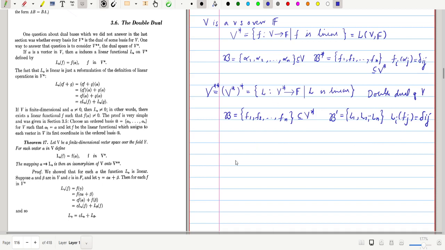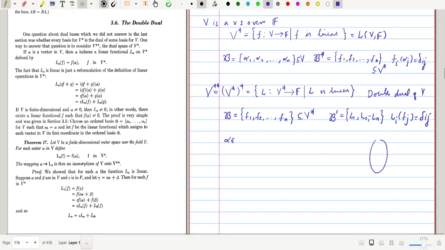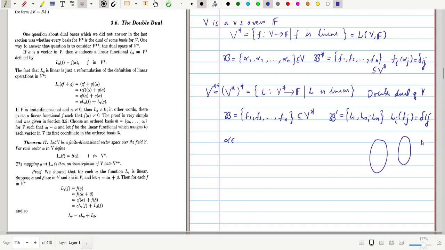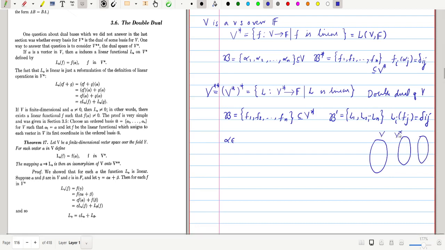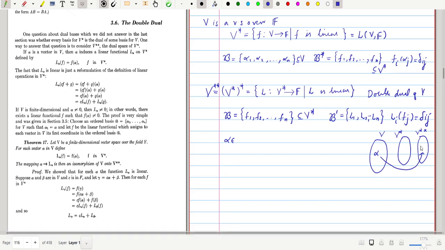Now we define a linear map. From now onwards, this is our V, this is our V star, and this is our V double star. If we choose an element alpha in V, we will define a unique element in V double star, say L alpha.